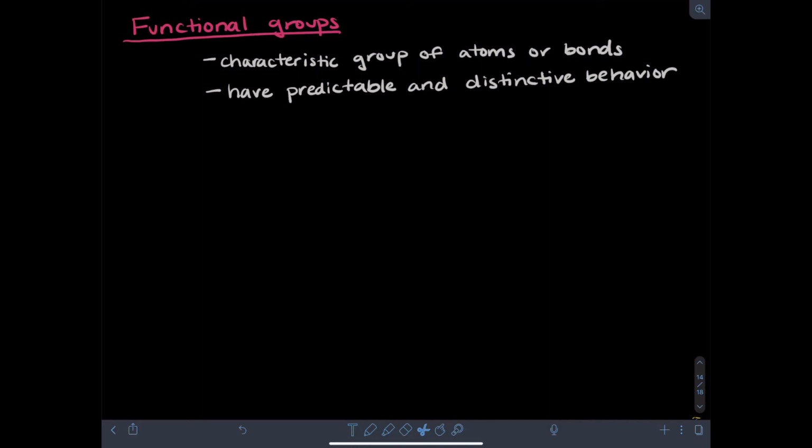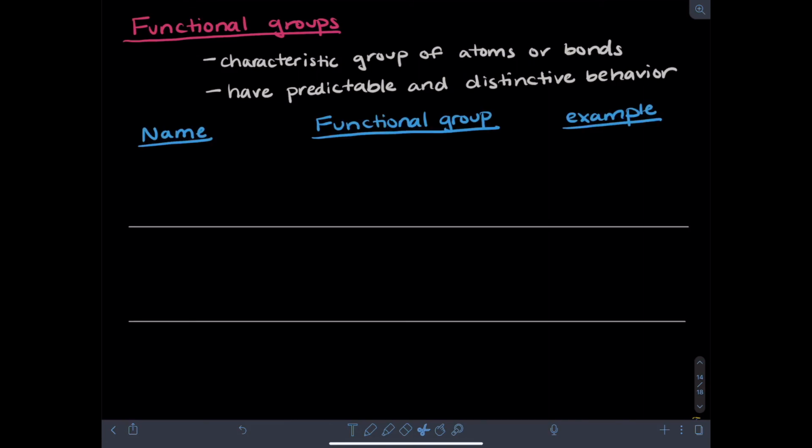So being able to classify a molecule can tell you fairly quickly how it might react. I'll go through several examples on this slide and some later ones of names of functional groups, a general form of what they look like, as well as an example molecule.